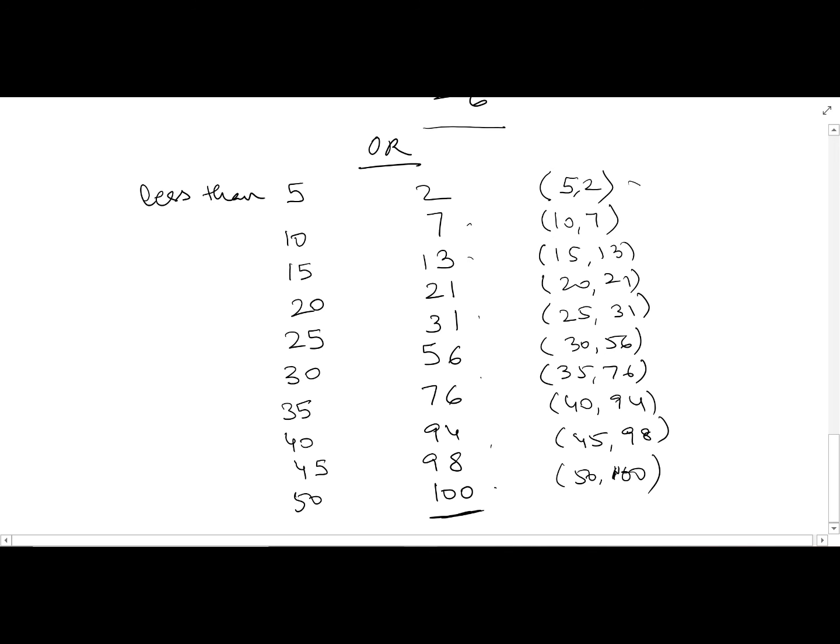So basically we plot these points on the graph, and then from the graph we take out the median, which will approximately be around 29.